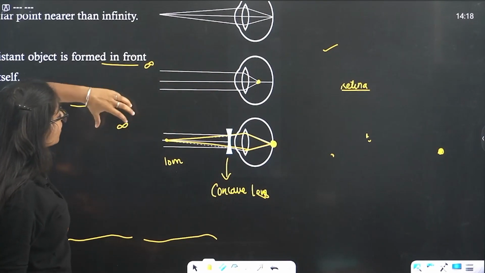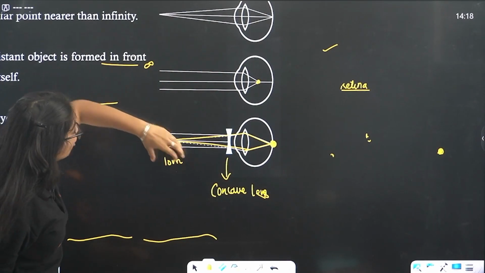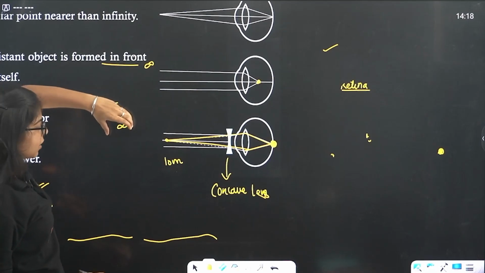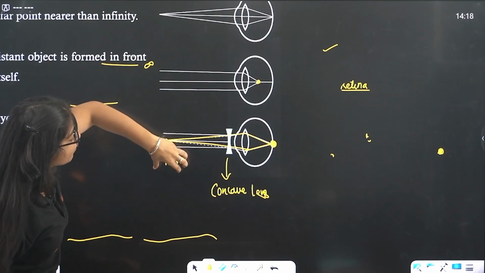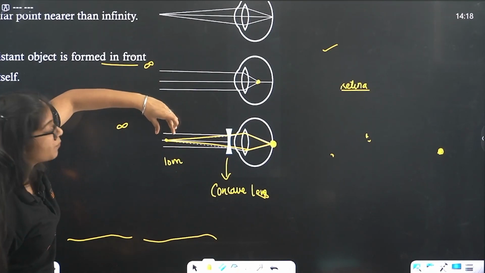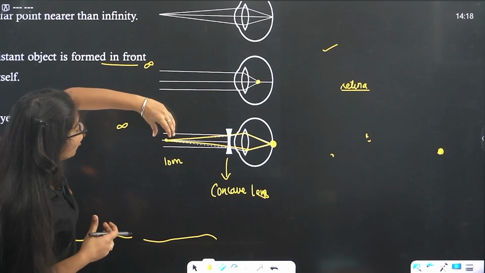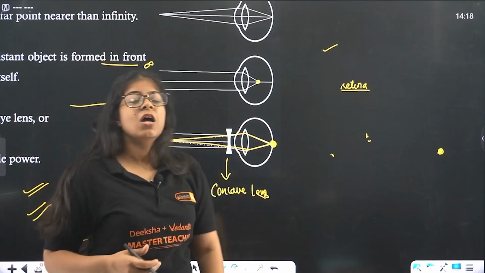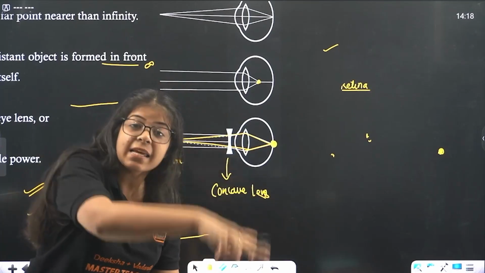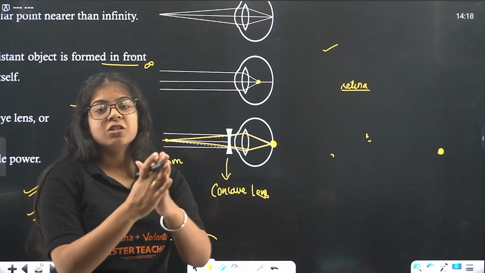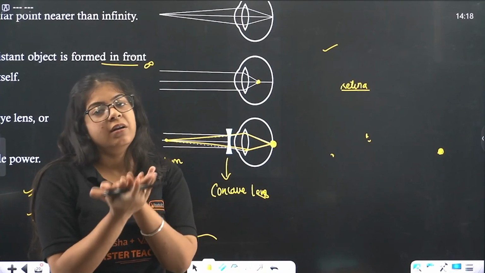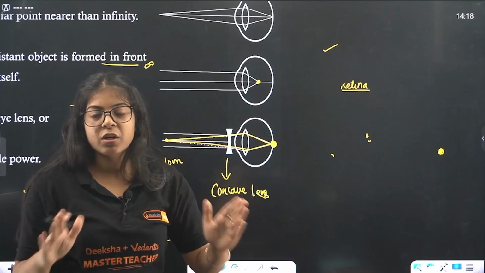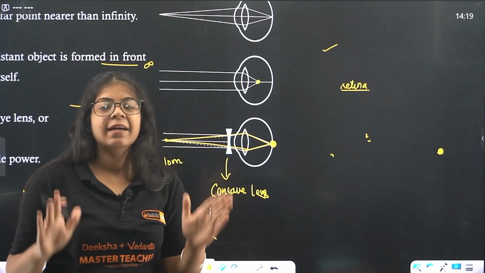This concave lens made a virtual image of the object that was at infinity at the 10 meter mark, which is my far point. From this far point, the rays will go directly into the convex lens of my eye, and it will converge the rays directly on the retina. Understood? Understood clearly? Very good.